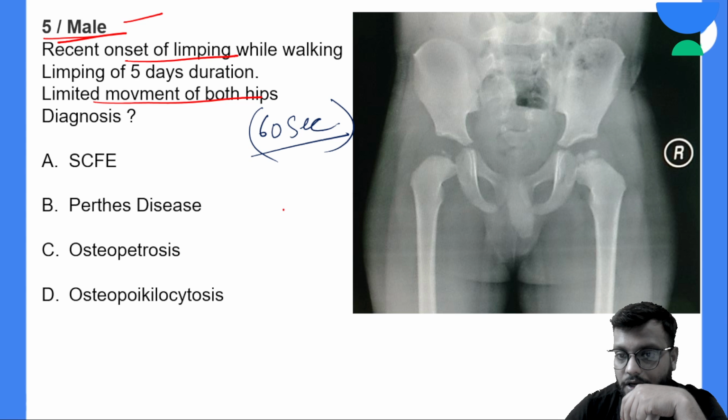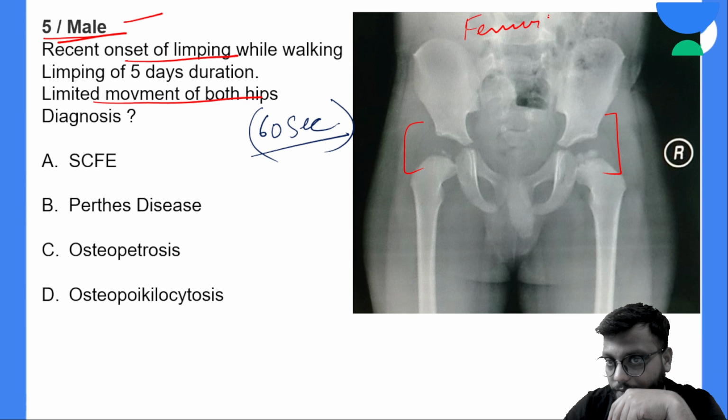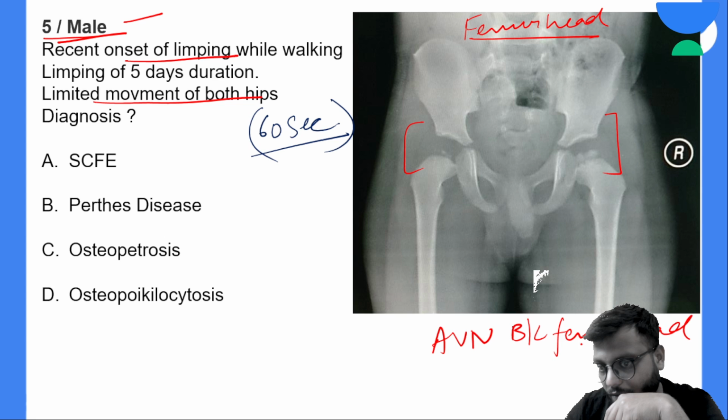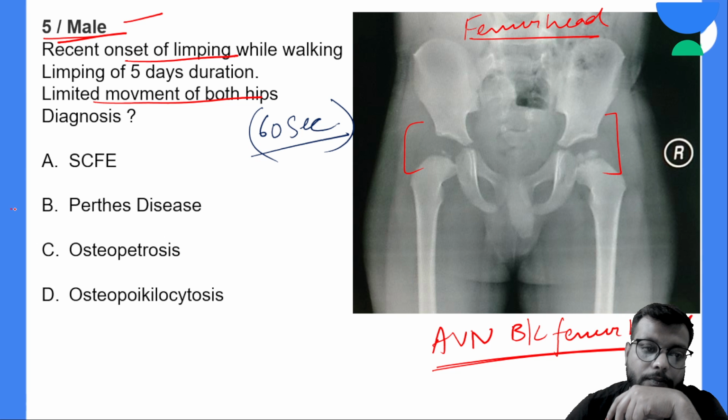So here you can see there is some pathology at the hip joint, and you cannot see the femoral head. Okay, the femur head is not present, so there is avascular necrosis of the bilateral femur head in a 5-year-old child, and this is called Perthes disease or Legg-Calvé-Perthes disease.